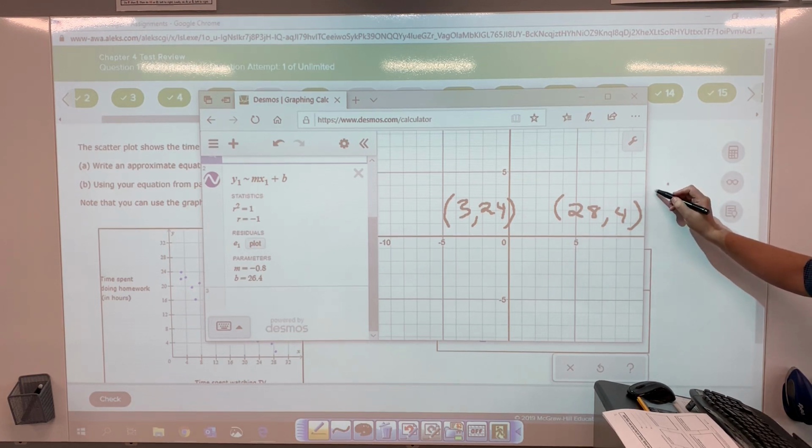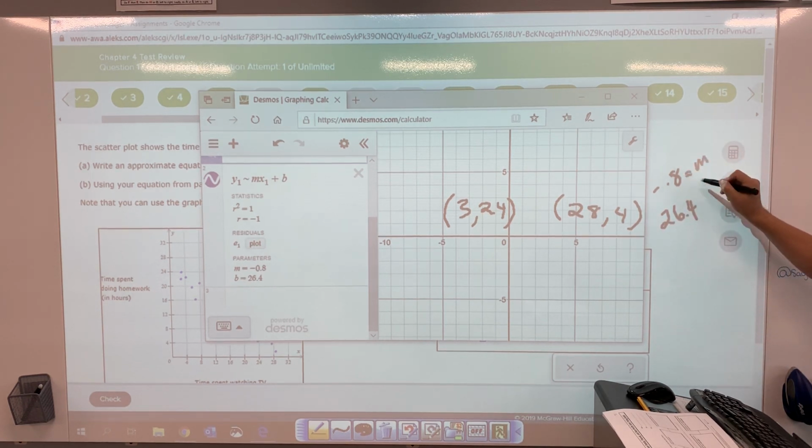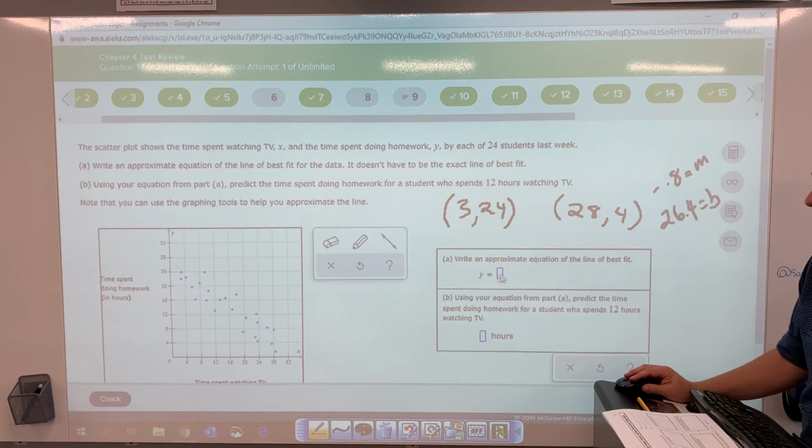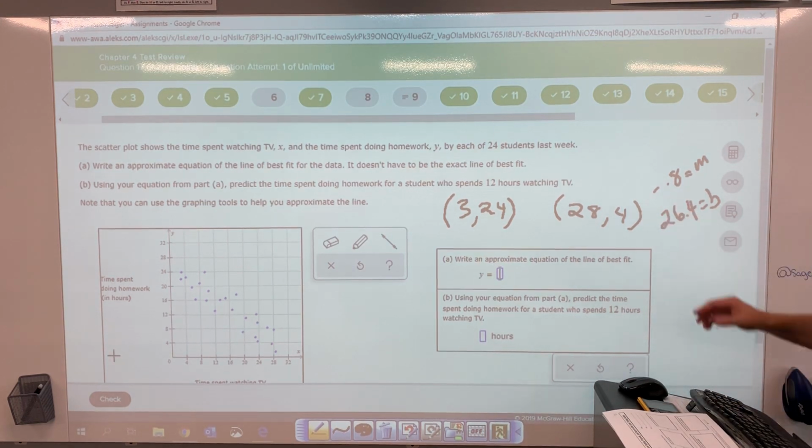My m is negative 0.8 and my b is 26.4. Now that I have that written down, I can create a formula. My formula is going to be y equals negative 0.8x plus 26.4, and it's negative because the line is going down.